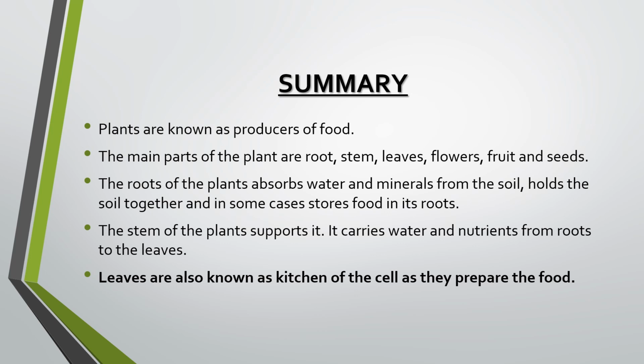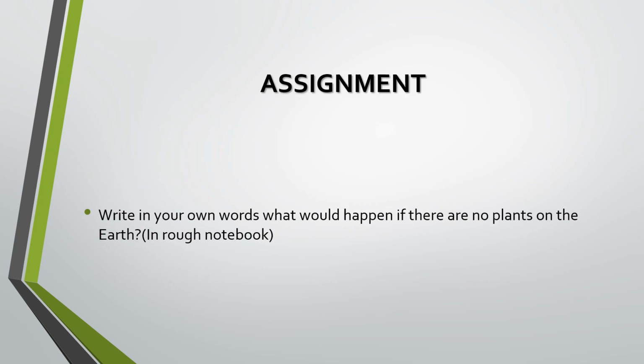The roots of the plant absorb the water and minerals from the soil, hold the soil together and in some cases store food in the roots. The stem of the plant supports it. It carries water and nutrients from roots to the leaves. And leaves are also known as the kitchen of the plant as they prepare the food.